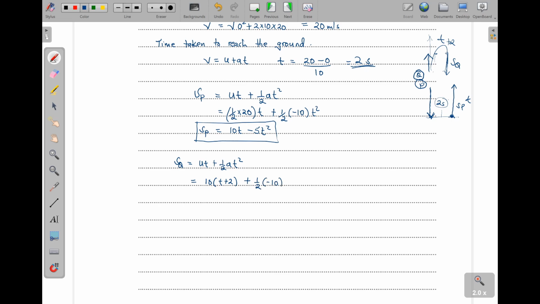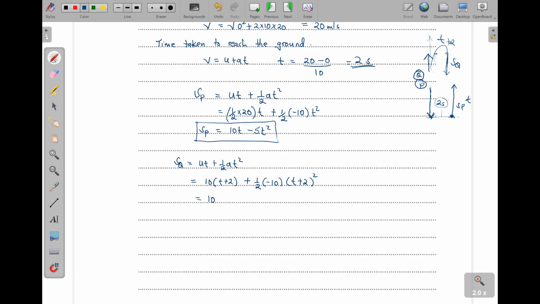I'm considering as if Q is still moving upwards, so the acceleration due to gravity is negative 10, because remember after collision Q moved upwards, and then here we shall have t plus 2 squared.